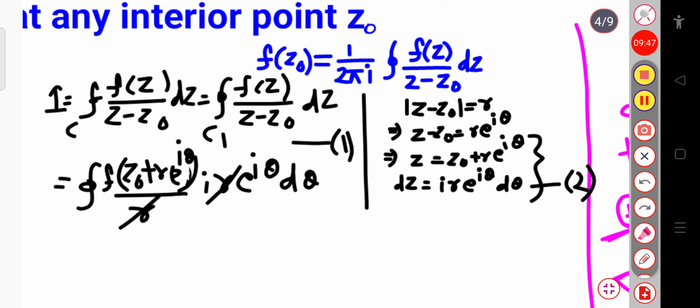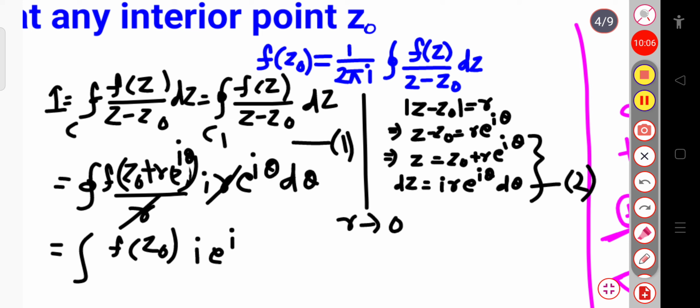Clear? If I consider the radius to be 0, then the function value goes to f of z0, because if I put r equal to 0, then f of z0 will remain, into i exponential i theta d theta, and the theta value varies from 0 to 2 pi.